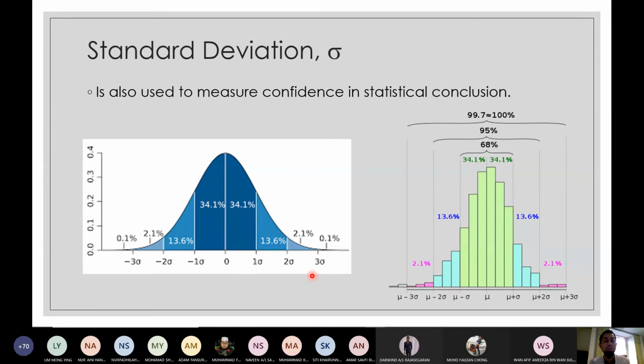So standard deviation is also used to measure confidence in statistical conclusion. Here we have what we call the 68, 95, 99.7% rule.